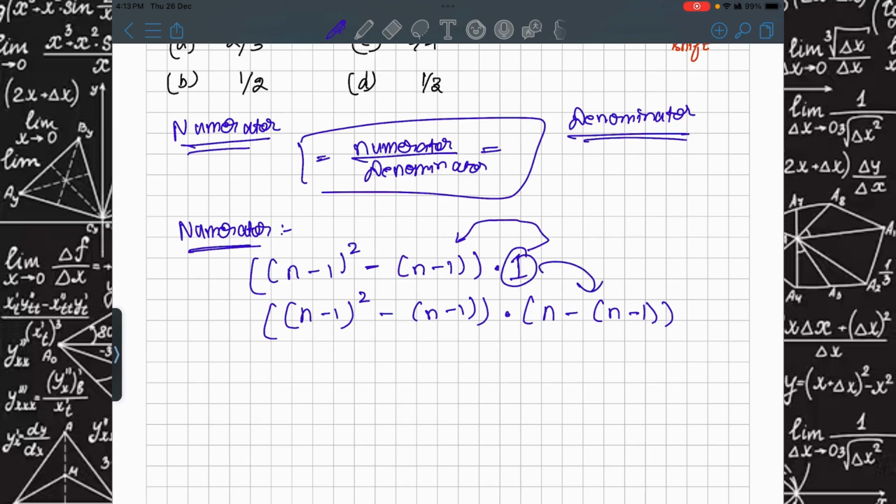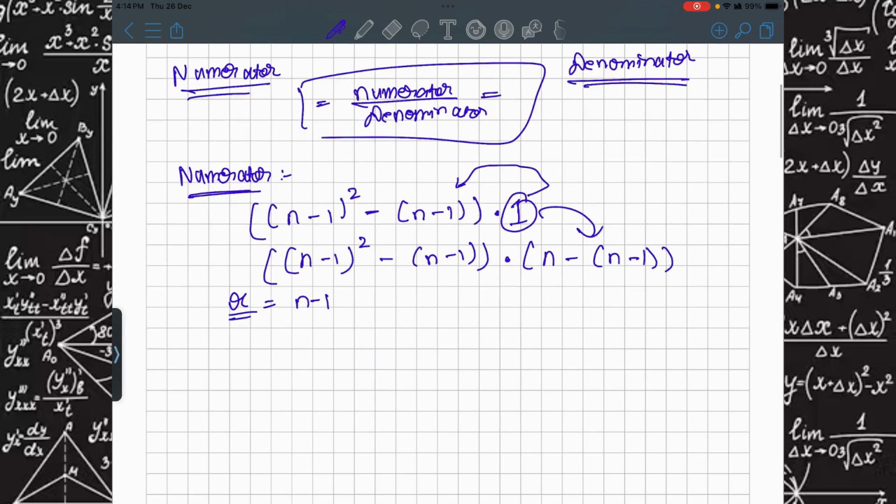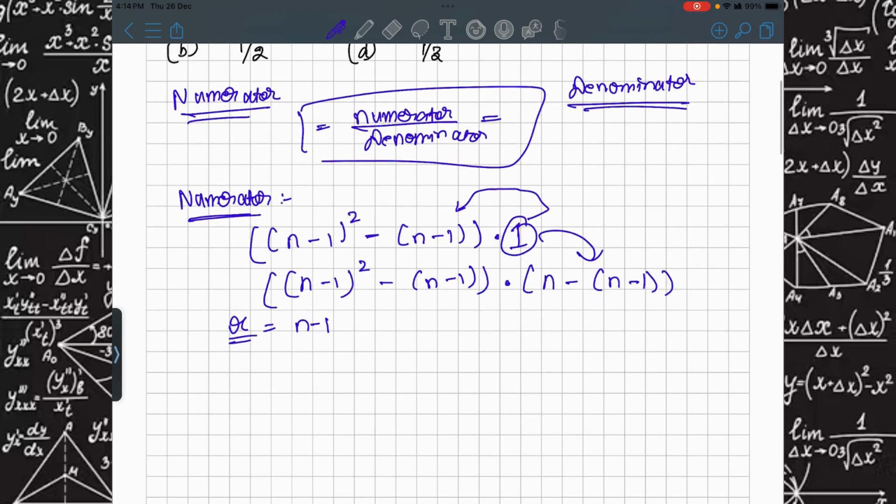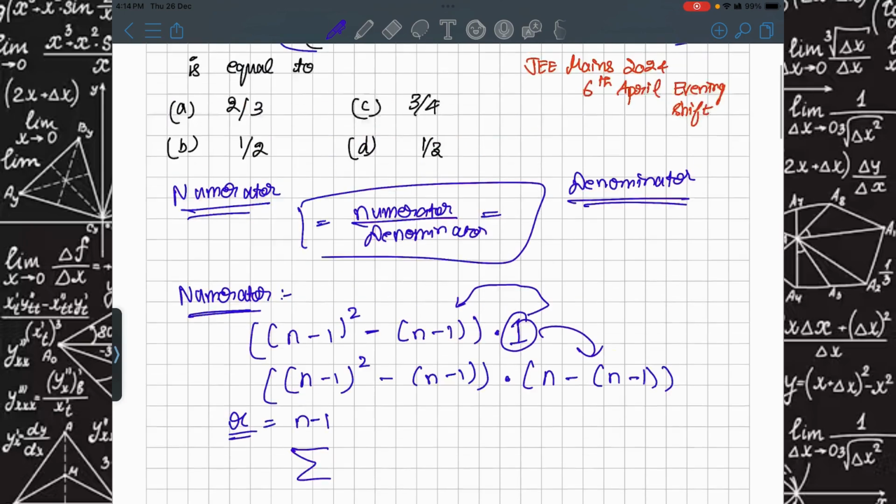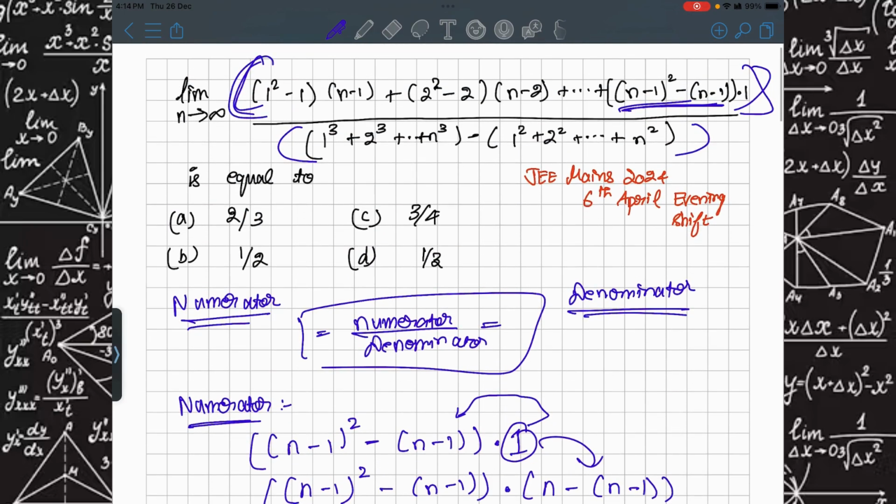Okay, so we wrote this 1 in this form. Now I'm going to take a variable called r. Let's assume r equals n minus 1. We can write this in summation, as this is a summation question, right?